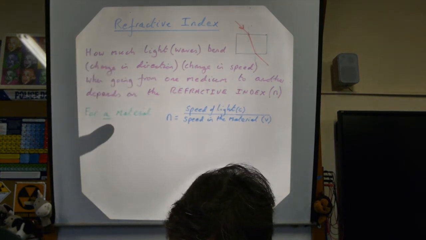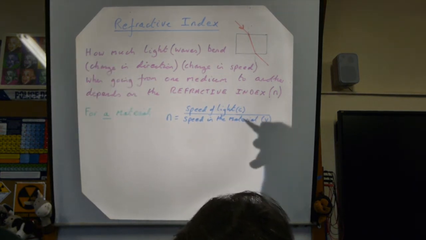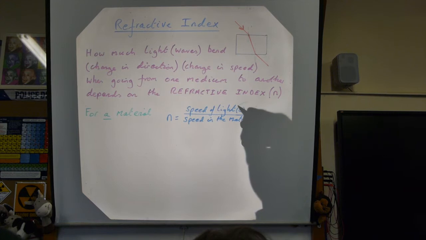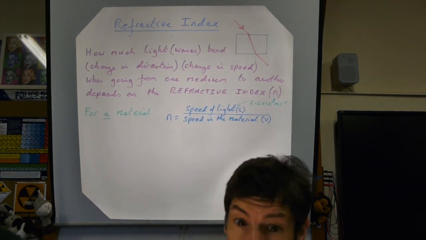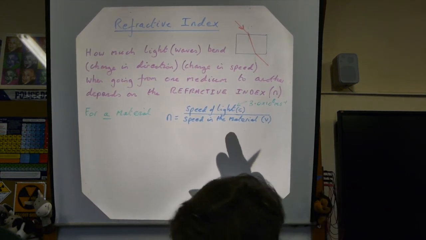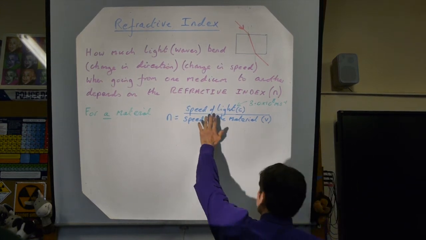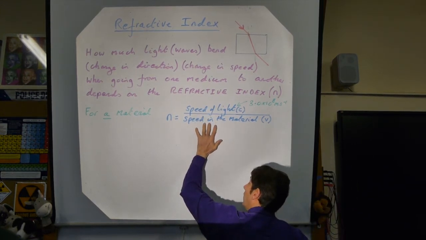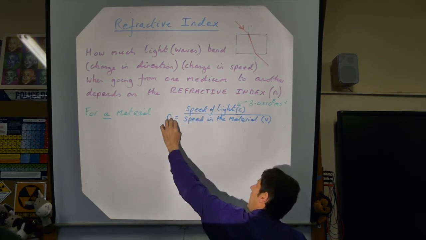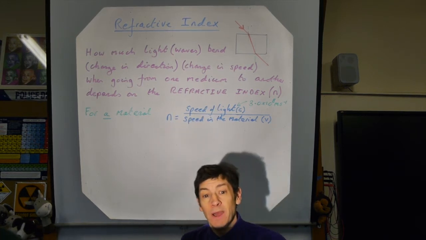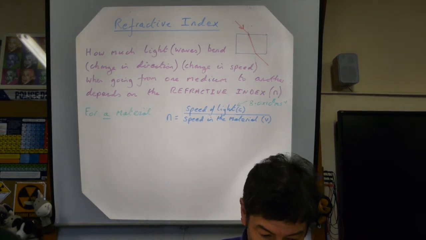If it's for a single material, the refractive index, then we're comparing the speed of light in a vacuum, so 3.0 times 10 to the 8 meters per second, to the speed in the material. And the speed in the material will always be slower, unless it's a vacuum as well. So this number, n, will always come out as a number bigger than 1.